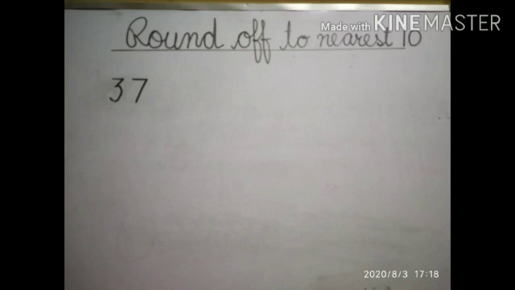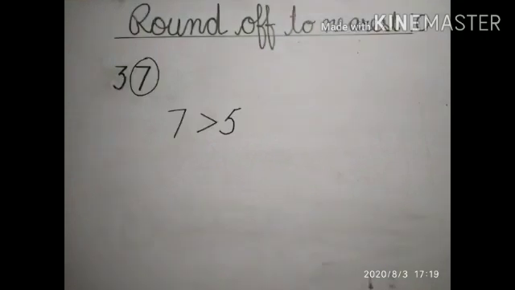Now students, we will take 37 as an example. Now we will round it off to the nearest 10. Here 7 is at ones place. So we will compare 7 with 5. And we come to know that 7 is greater than 5. So here 37 will be rounded up to 40.